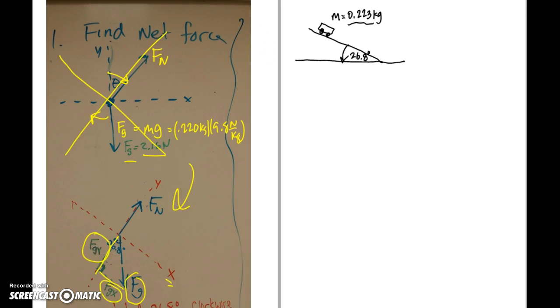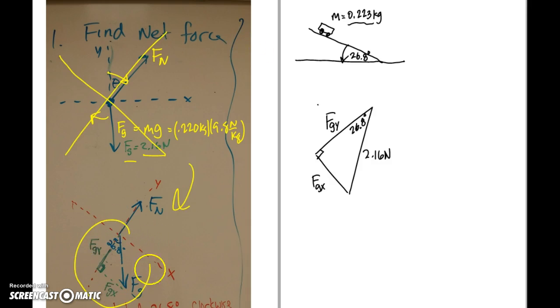So if I take this trigonometry here, this geometry, and I redraw it over here, I see that I have an angle and a side of this right triangle, so that means I can calculate anything else.